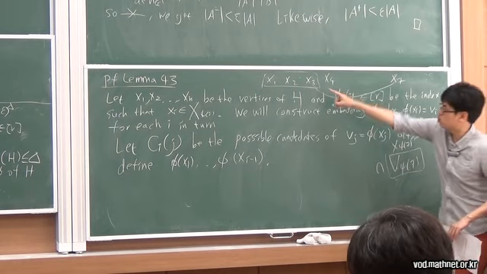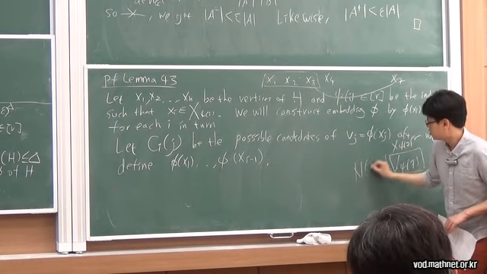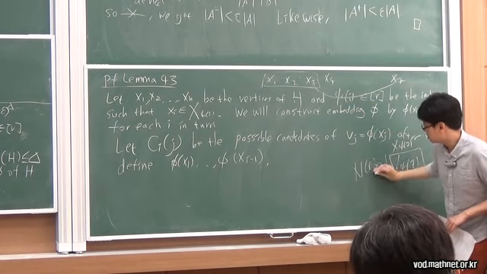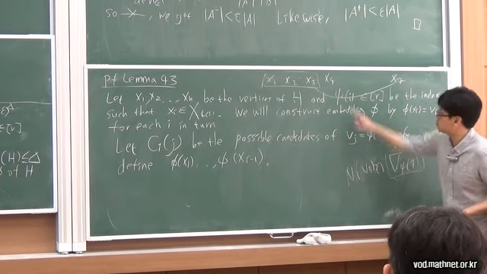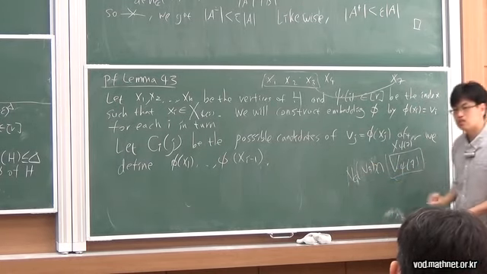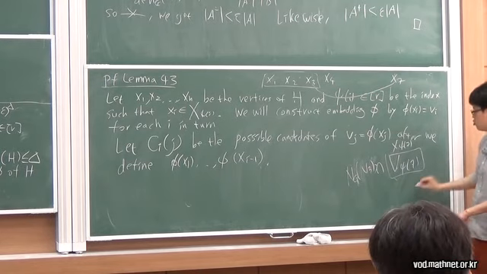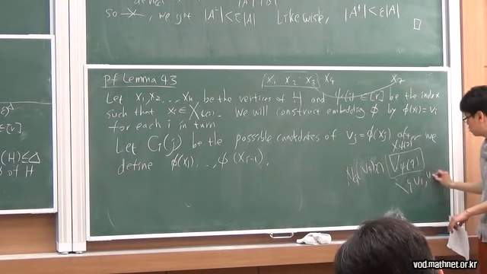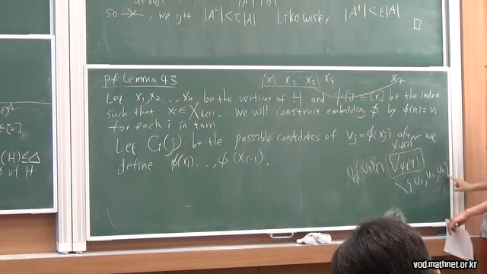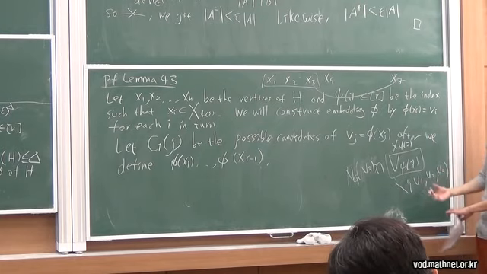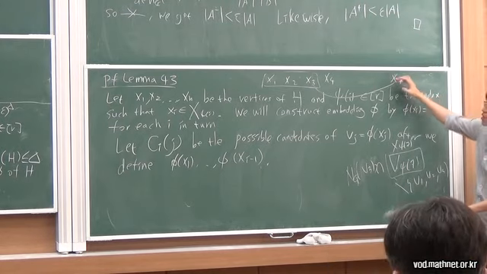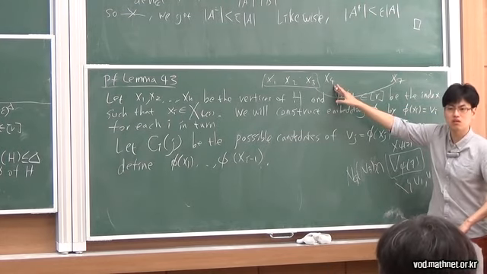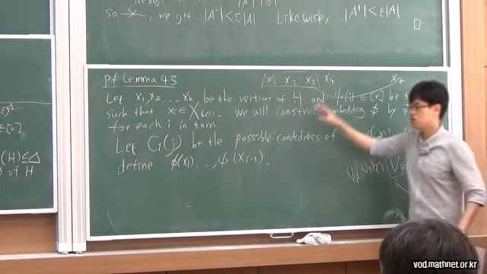And also it should go into the neighbor of B3, where B3 is the image of x3 in G. And then we also have to delete B1, B2, B3, since some of them might already be used, because we want it to be injective. So that's the candidate set at the moment, right before we embed x4.